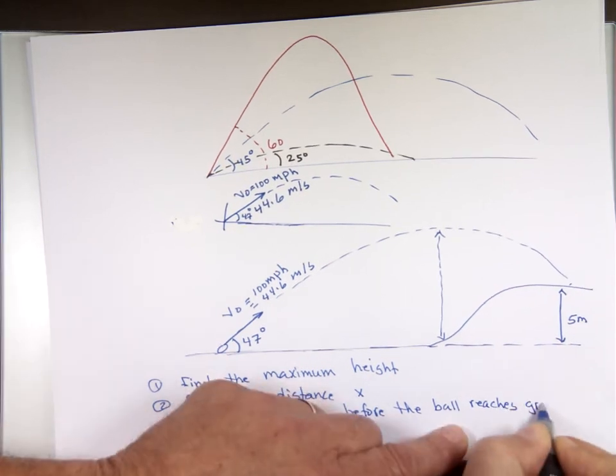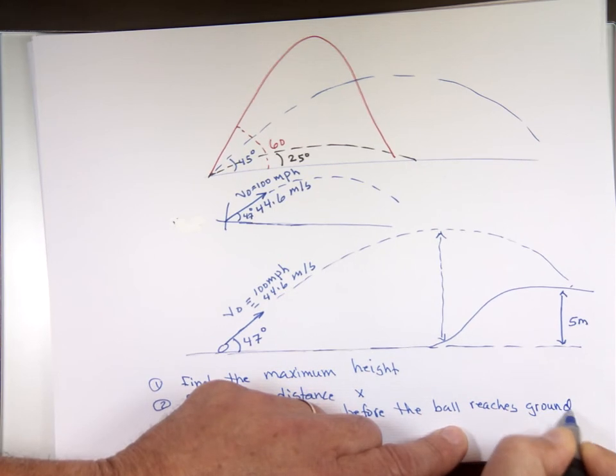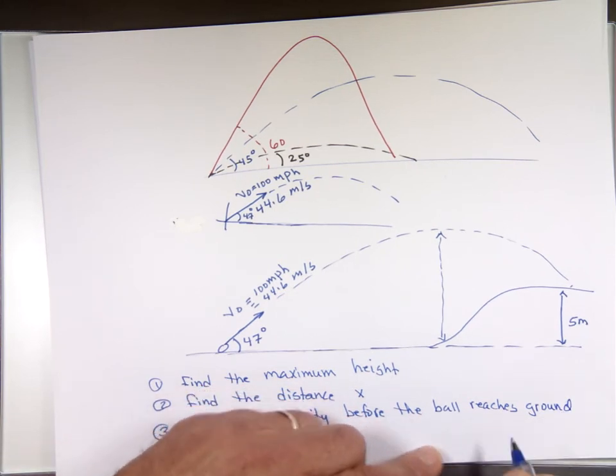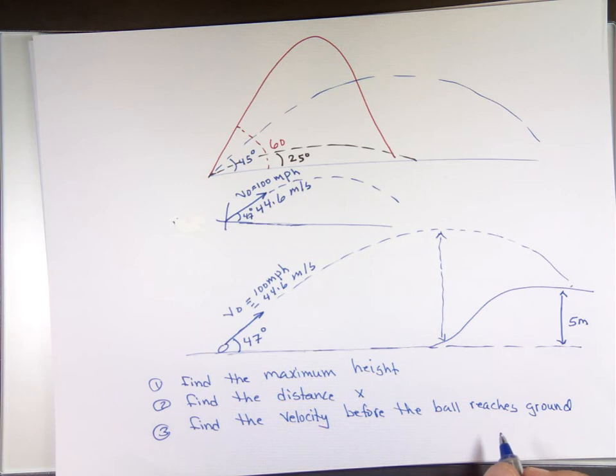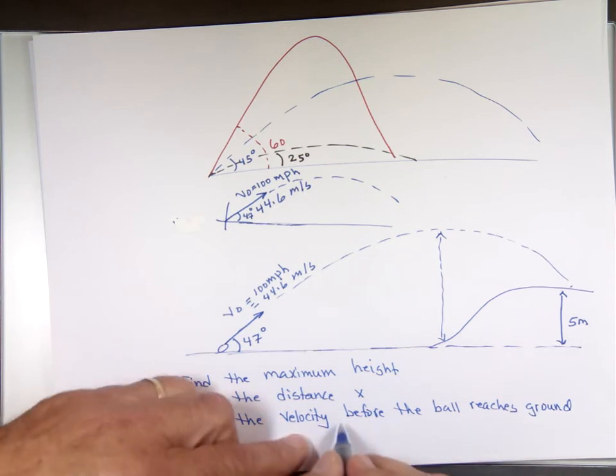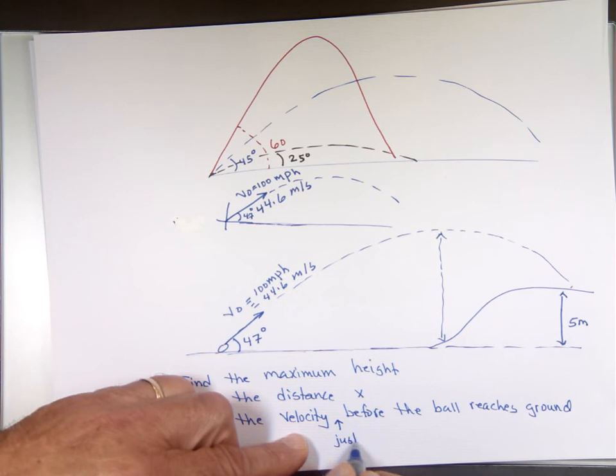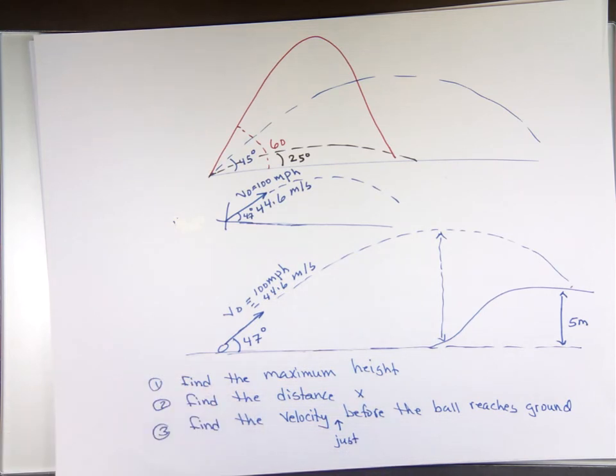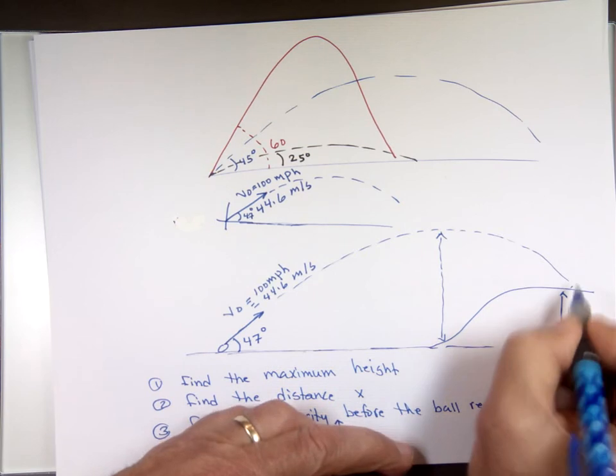I said just before. Maybe the word just here. Right before it hits the ground. Just before the ball reaches the ground, like right there, when the ball is right here. What's that velocity? About to touch the ground.